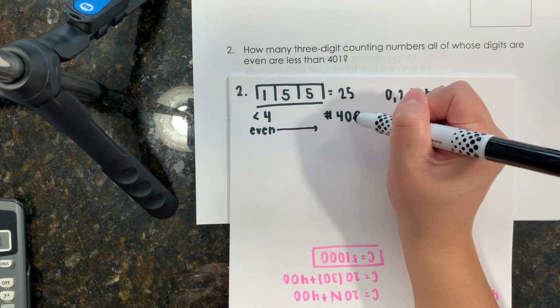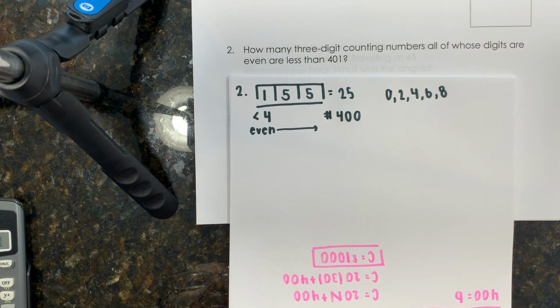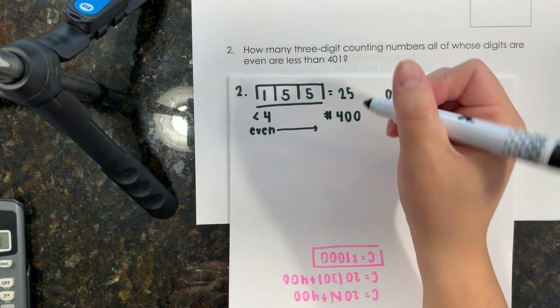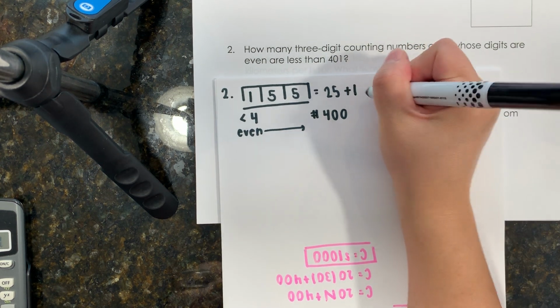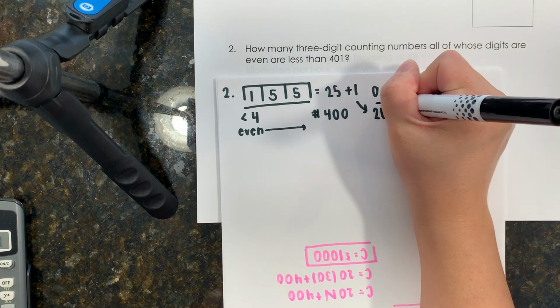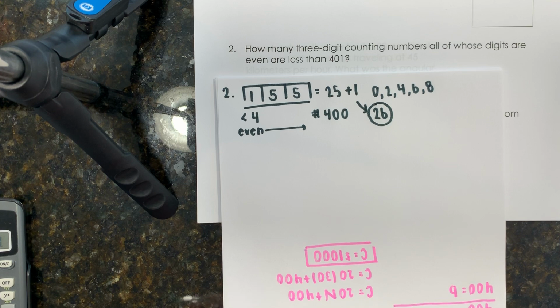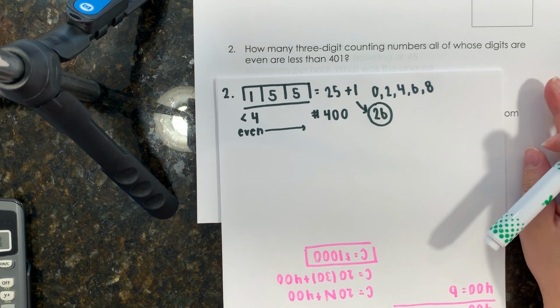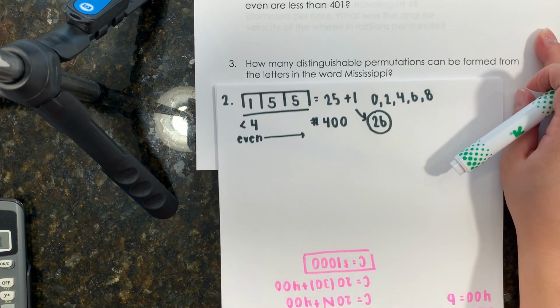And isn't 400 less than 401? It is. So I need to add one more, which would give me a result of 26 different numbers where all the digits are even that are less than 401. So that one was tricky because they threw in the 401. We have to be very specific.